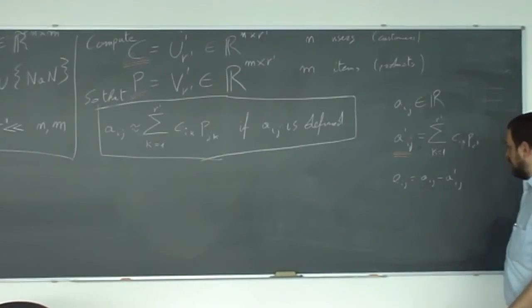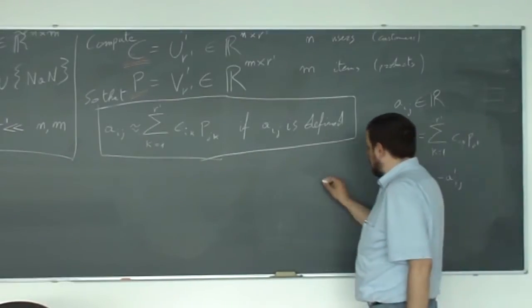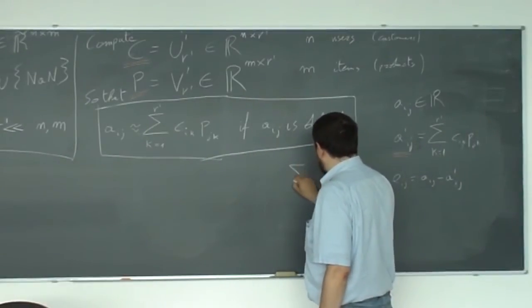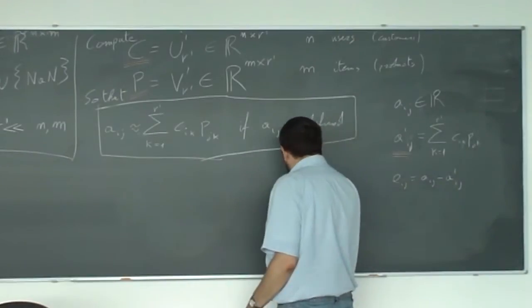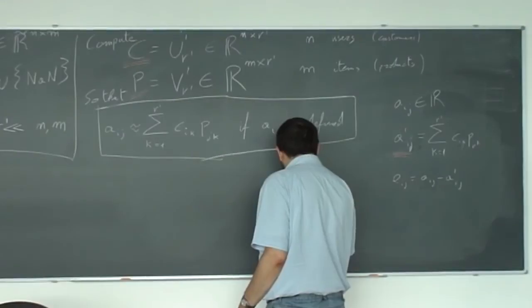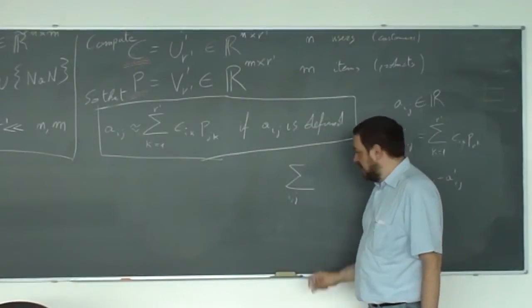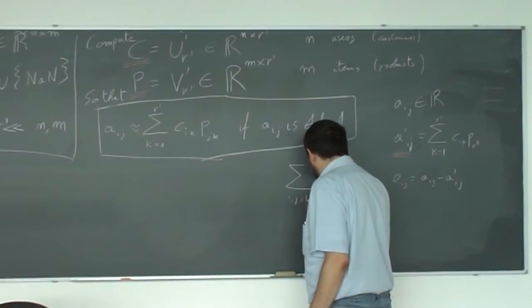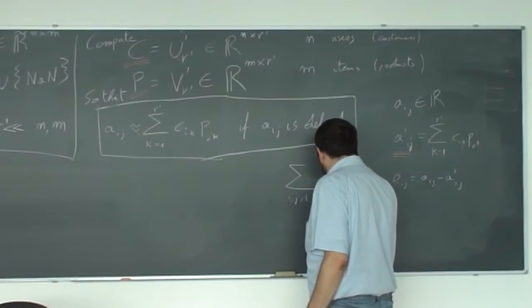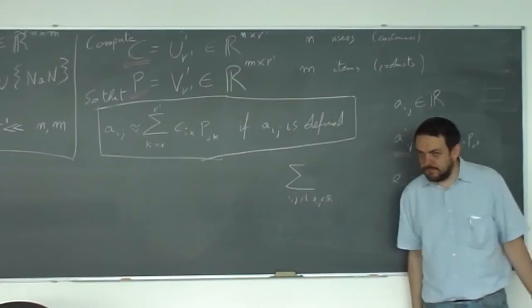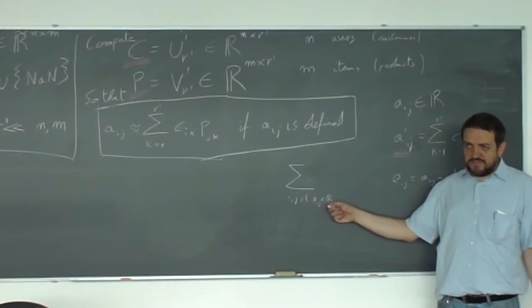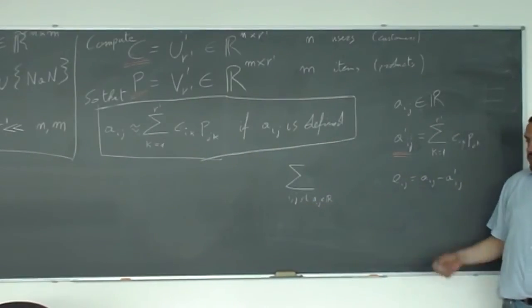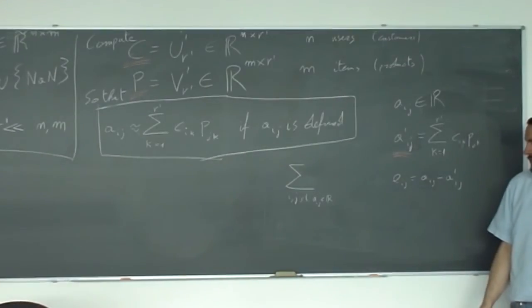So what we really want to compute is, let's say, the sum along all i and j such that Aij is a real number, okay, by only considering the actual preference values that we know and excluding all the question marks in the matrix.